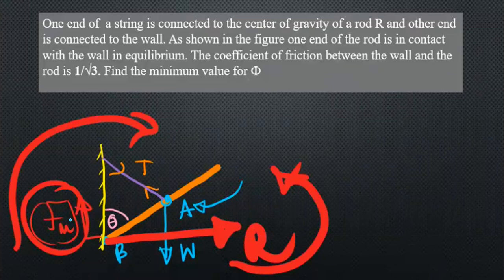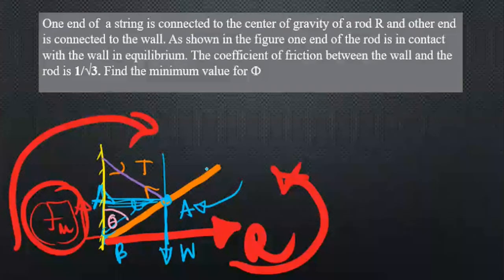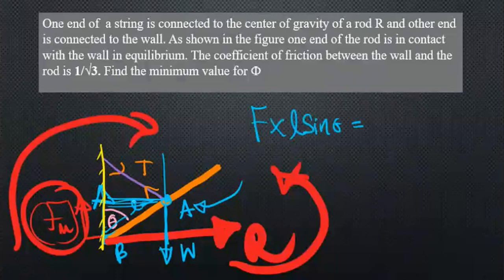Initially, the frictional force F, on point A. So you can see the perpendicular distance. Let's say the distance to the center point is L, and the angle is theta. The friction acts along this, so we need to consider this distance. Since this is L and theta, it is L sine theta, so frictional force F into L sine theta gives the torque from friction.